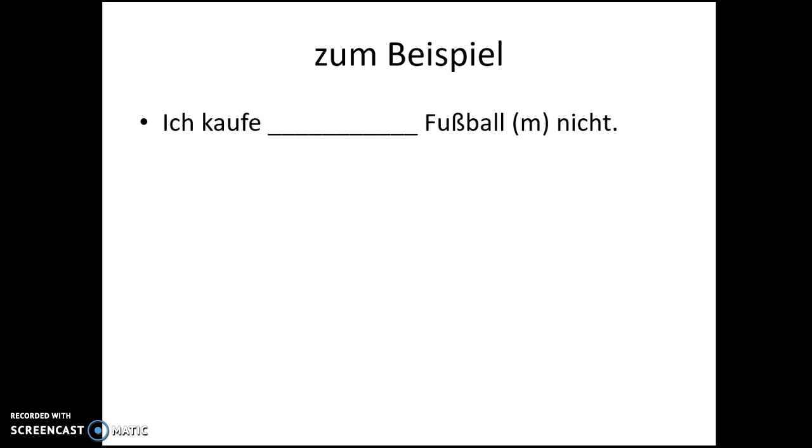Ich kaufe. I am buying. And what am I buying? Which means the answer to that question, Fußball, is the Akkusativ. So if you said to complete the sentence, ich kaufe den Fußball nicht, you did it correctly. So, because Fußball is the direct object, or the Akkusativ in this sentence, it has to change from der to den.